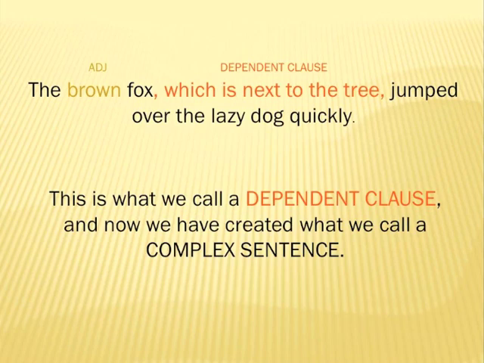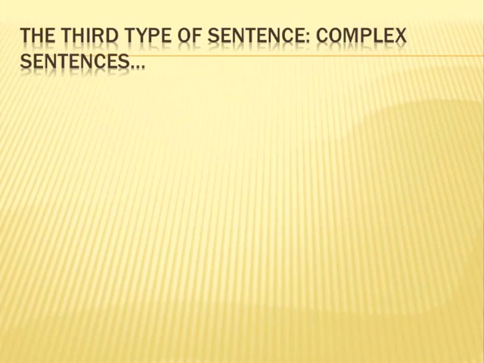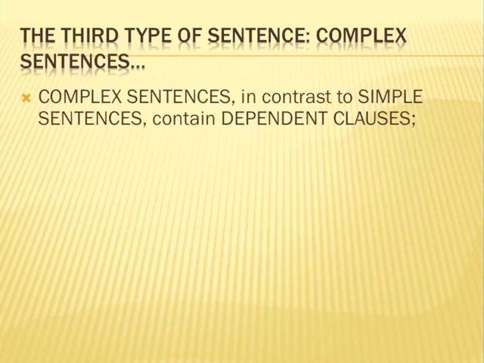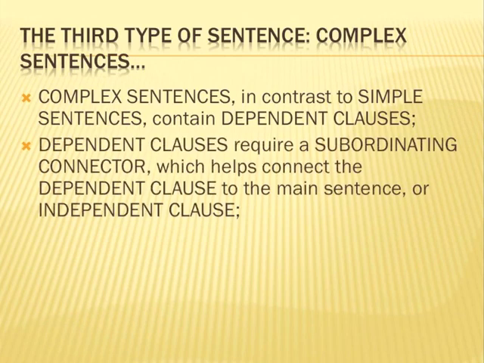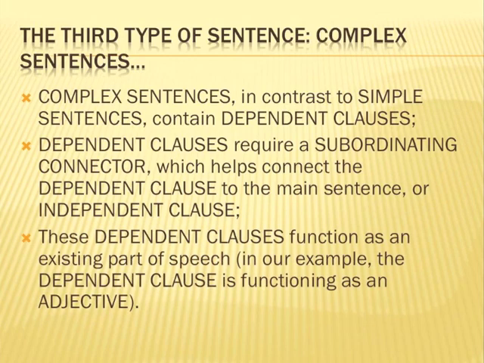Well, this is what we now call a complex sentence. So complex sentences, as we've noticed already, contain dependent clauses, and this is different from simple sentences. Dependent clauses require something called a subordinating connector, not a coordinating conjunction. And these help connect the dependent clause to the main sentence, or the independent clause.